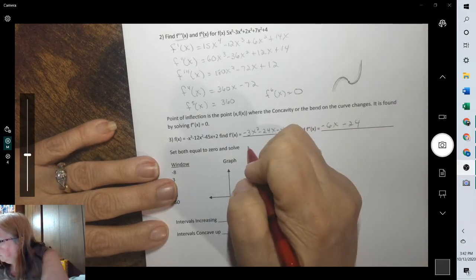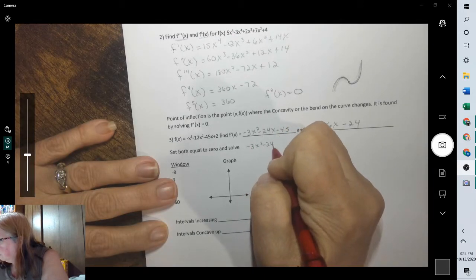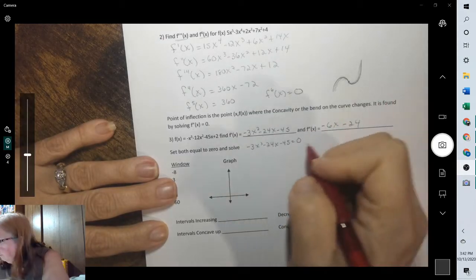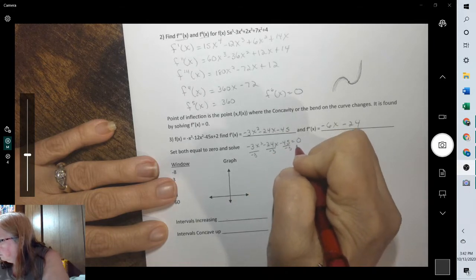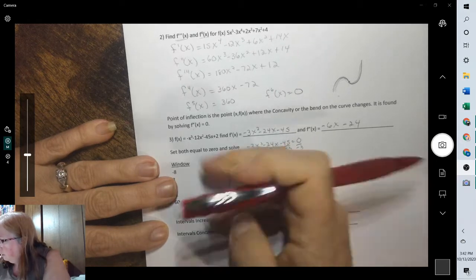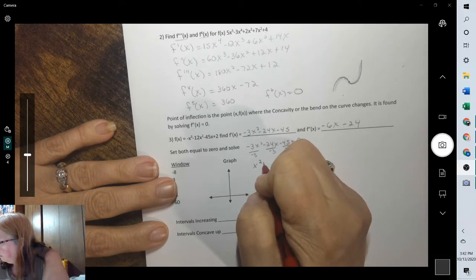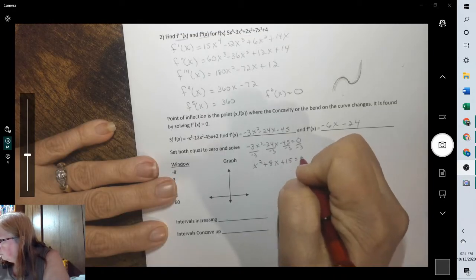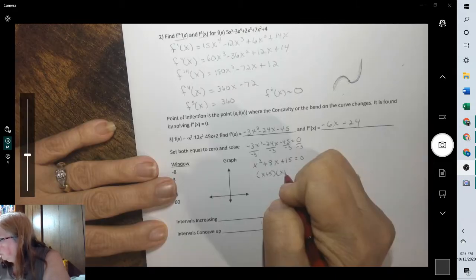Setting this one equal to 0, I'm going to divide by negative 3. I'll get x squared plus 8x and it will factor x plus 5 and x plus 3.